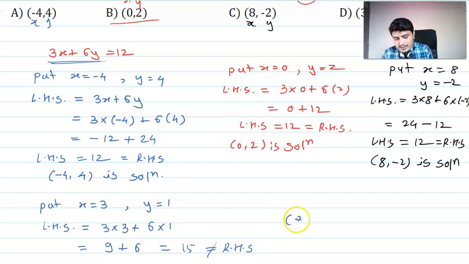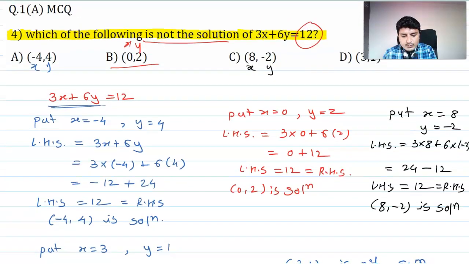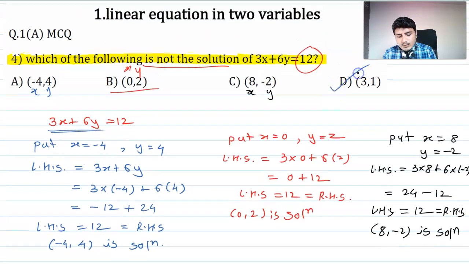Therefore we can say 3, 1 is not the solution of the given linear equation in two variables. So our correct choice is D. 3, 1 is not the solution of 3x plus 6y equals 12.